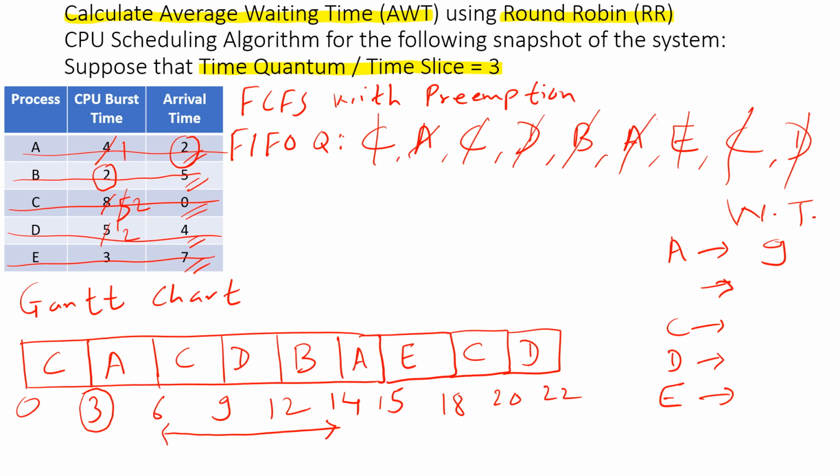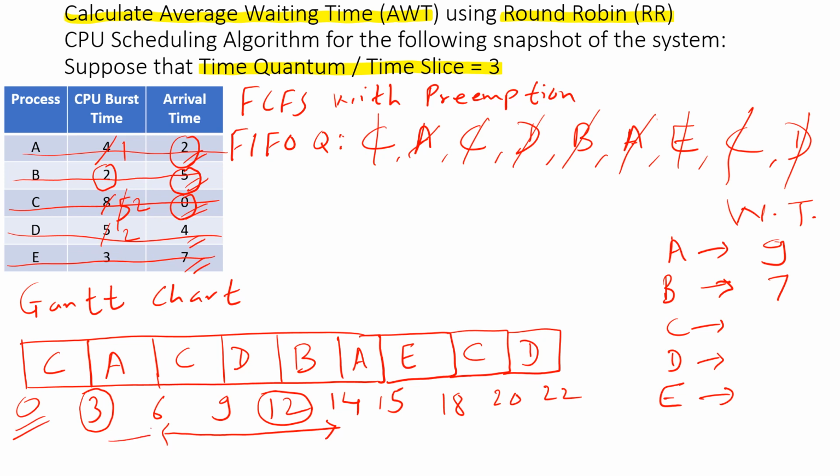Then when you think of B, it came at 5, as you can see here, and got CPU at 12 and then finished, right? So 5 to 12 it was waiting, so that is 7. Okay. C came at 0, got CPU also at 0, but didn't finish.